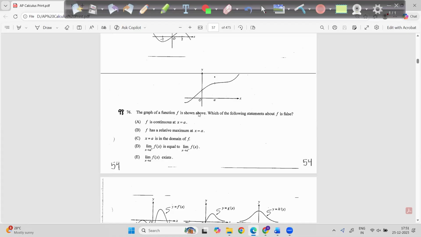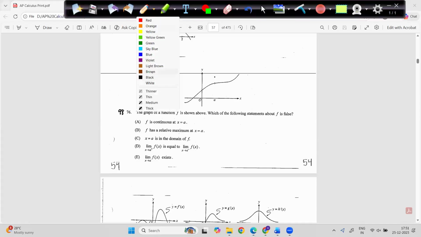Understand? For option B, it doesn't matter if it's continuous. It does not matter, 100%. This can be a relative maxima or minima also. Continuous or not continuous does not matter. The function can have a relative maxima or minima.